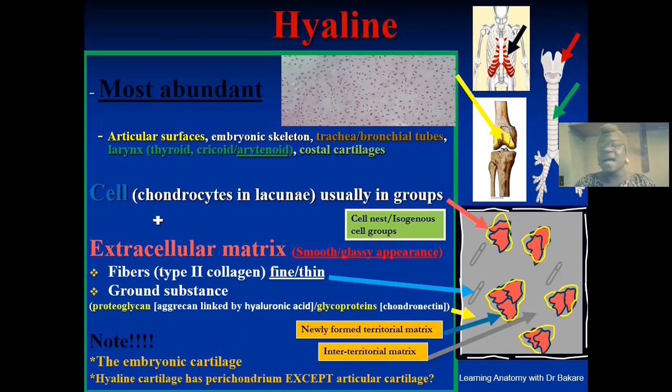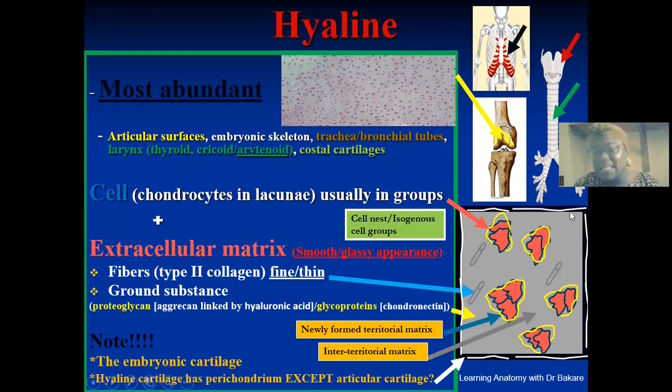And also to add that the hyaline type of cartilage is seen to have perichondrium, except articular cartilages. We know that articular cartilages are forms of hyaline cartilage. So all other types of hyaline cartilage are seen to have perichondrium. This is where we have the perichondrium here, arrowed in white. The perichondrium is the outer covering of the cartilage, and it is made up of dense irregular connective tissue.